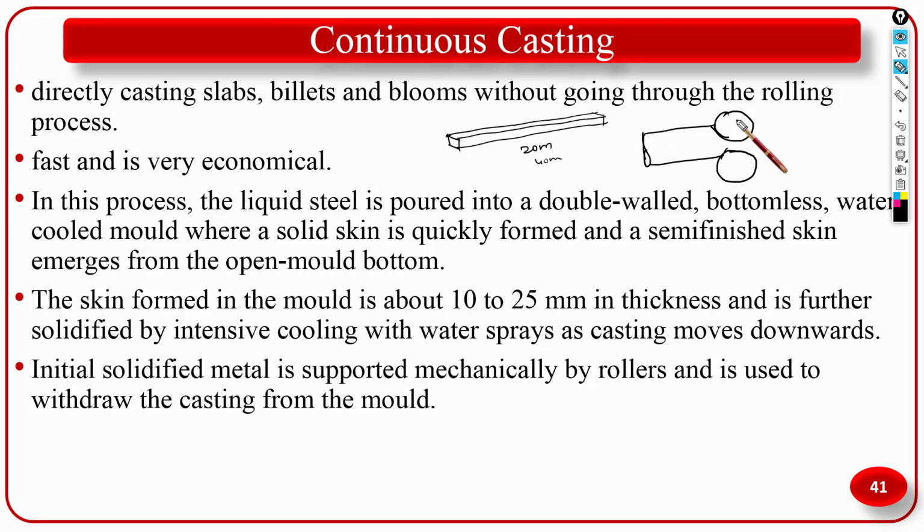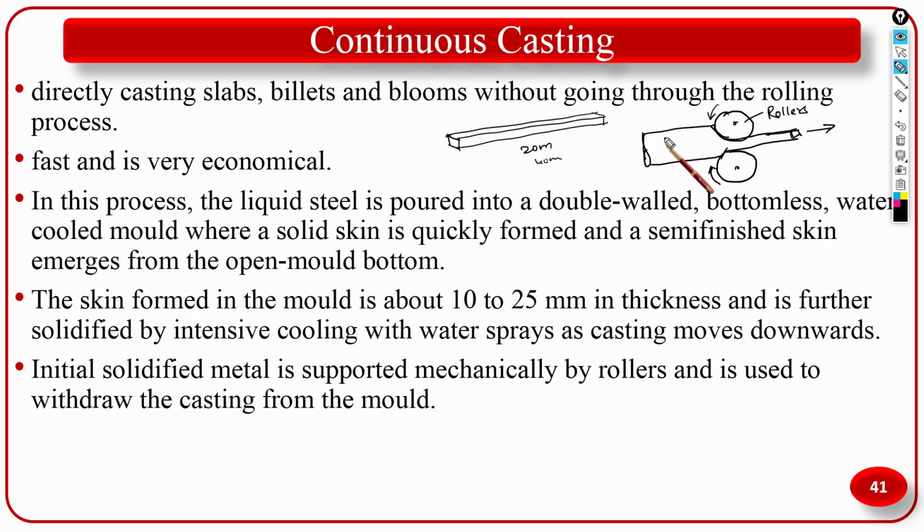The roller will be made in that shape, and this roller is rotated like this. The metal will come out through this with that shape. Whatever shape this roller has, the same shape it will come out. Are you getting it? These are the rollers.